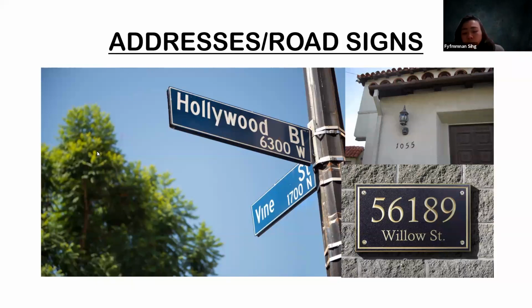So in the top image, we might figure out based off of number 1055 that we're in the 1000 block. And in the bottom image, we might be in the 5600 block, and Willow Street. So we know the intersection that we're at.